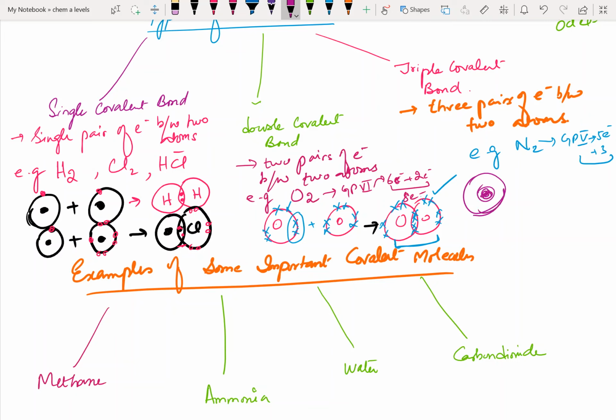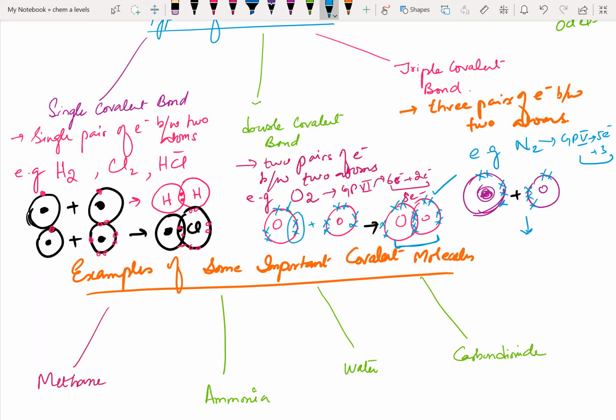This is the nucleus, and how many electrons does it have in the outermost shell? 1, 2, 3, 4, 5. The ones which are going to be shared, I have drawn on one side to make it clearer. 1, 2, 3, and these are the 2.